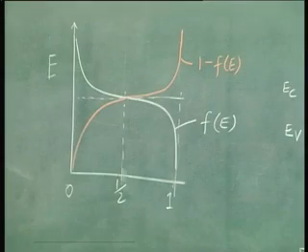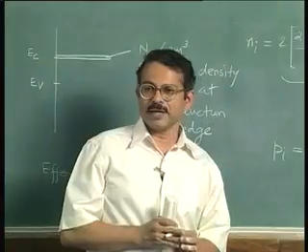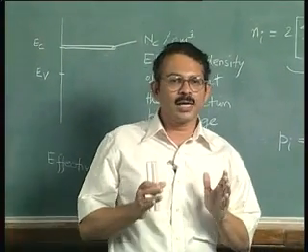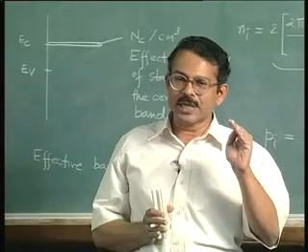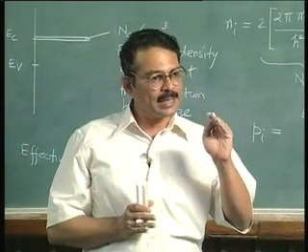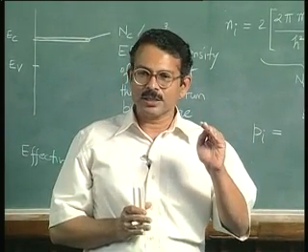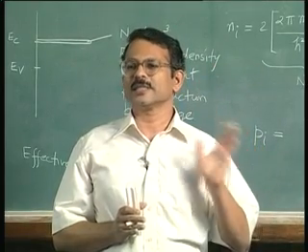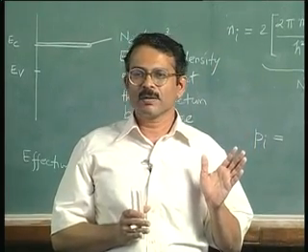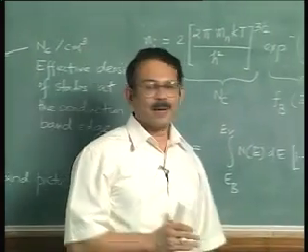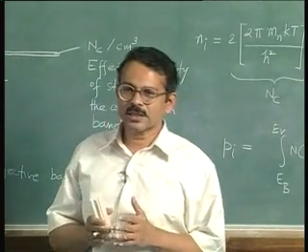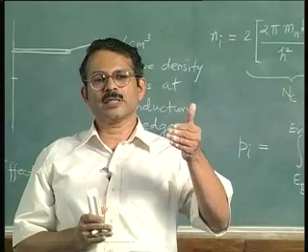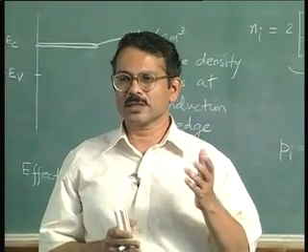Now we can write down a similar formula for Pi, and get an exact expression for Ef. Now we have placed Ef by logical reasoning to be close to the middle of the energy gap. It is not exactly at the middle of the energy gap, because the effective mass of electrons and holes is not the same, or the parabolic density of states functions for conduction band and valence band are slightly different, their constants are slightly different.